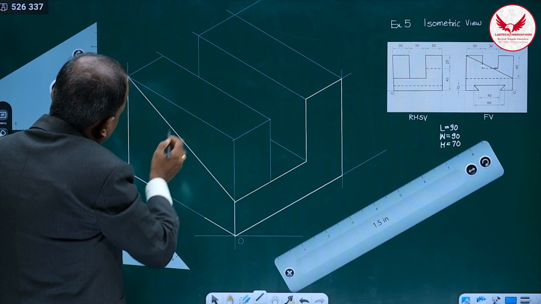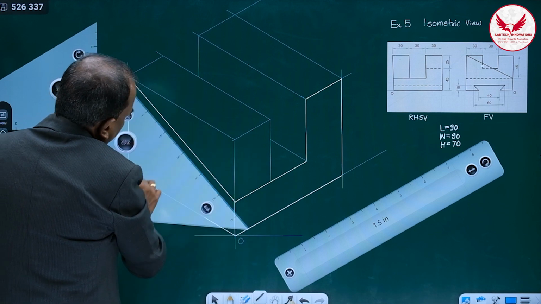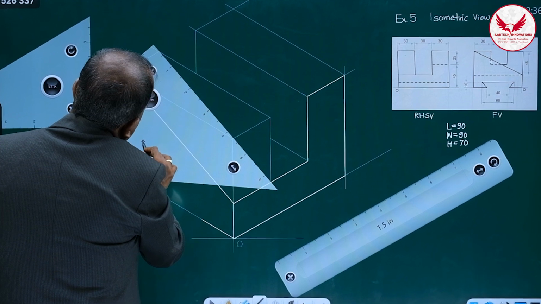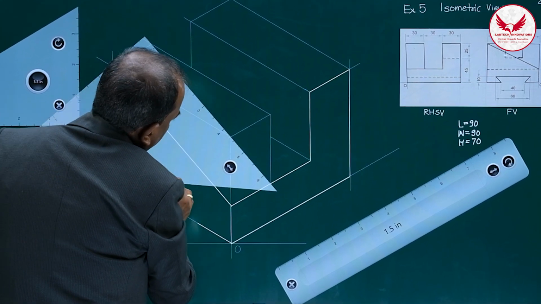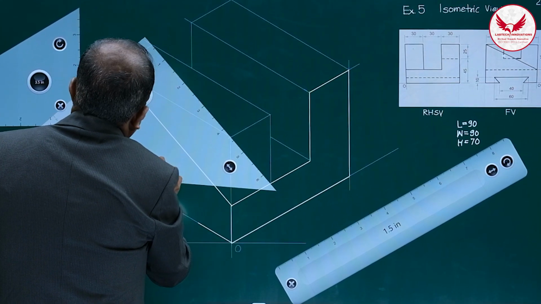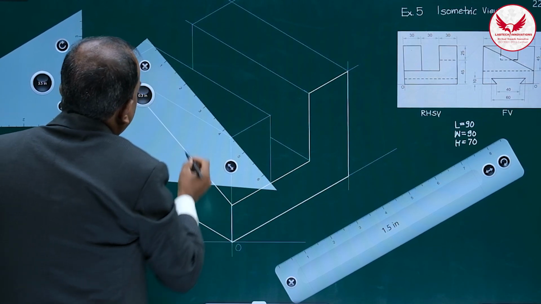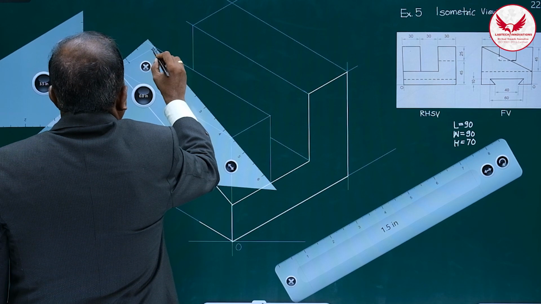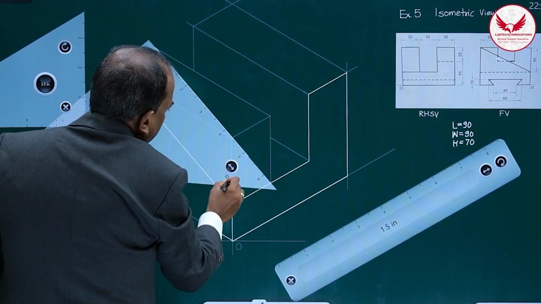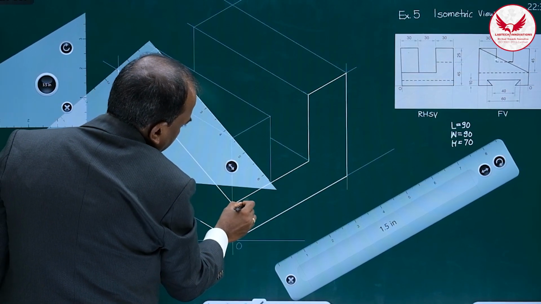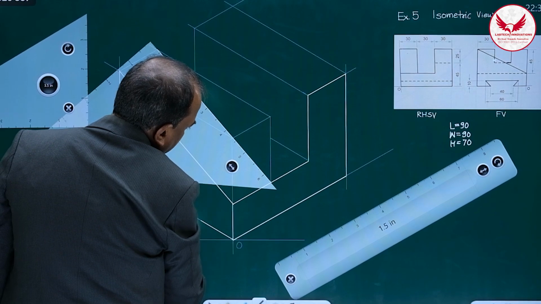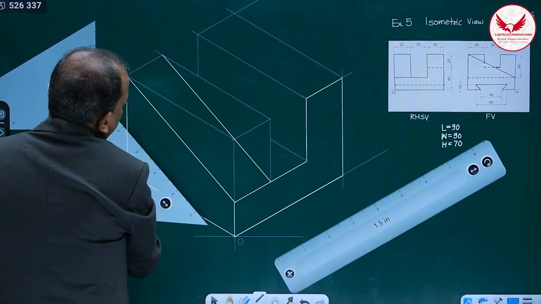Means it is a slant surface. Now immediately we can mark this slant surface. It is like this. It will be in this way.